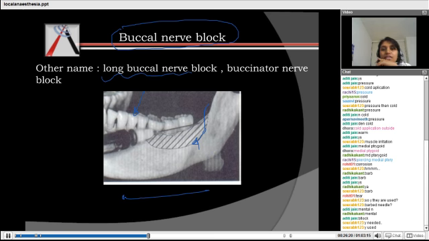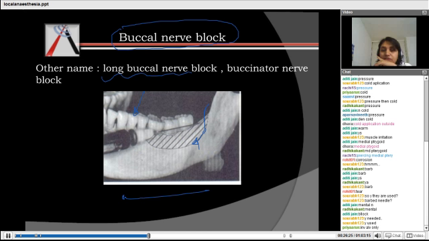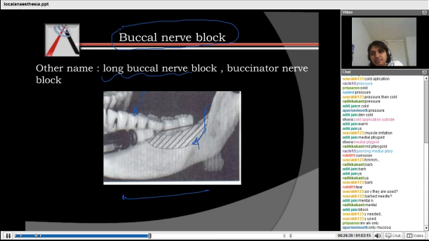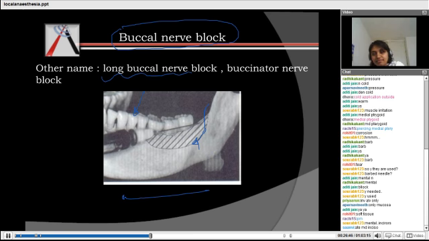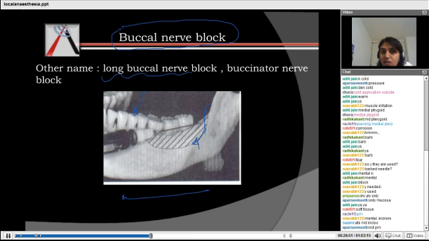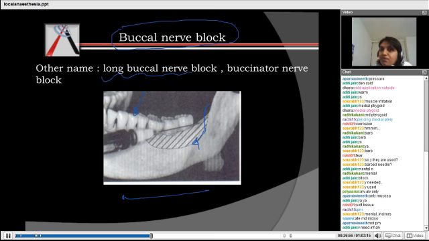All of you who are saying mental nerve block for the mandibular premolars: what all teeth are supplied by the mental nerve? Basically from around the mandibular first premolar to anterior. But can we give inferior alveolar nerve block in this particular case?